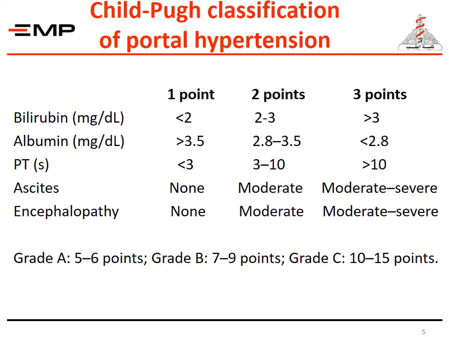Cirrhotic patients with portal hypertension are classified for severity by the Child-Pugh classification. This classification is used for deciding appropriate lines of treatment, including transplantation, as well as for treatment of other diseases in association with cirrhosis.